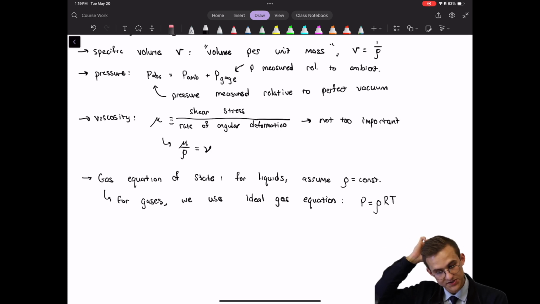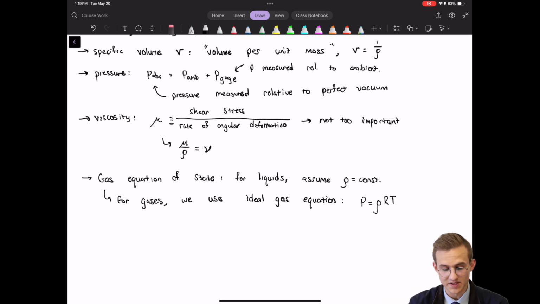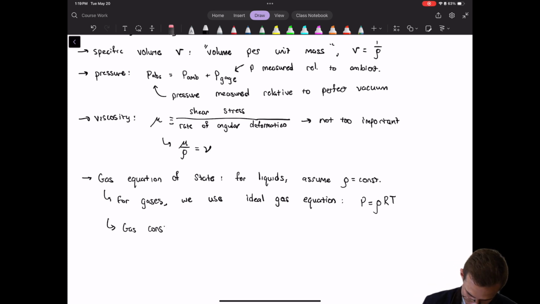But this is where I wanted to make the point that there's actually a lot of different versions of this gas constant R. So the gas constant R here, you can write it this way, where you have R hat.